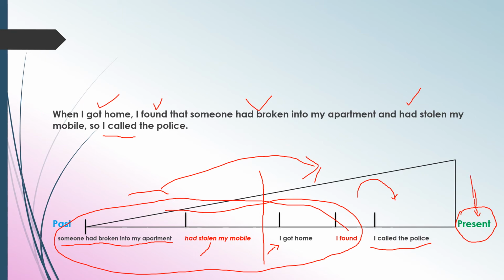So what you did last night, or maybe last day, when you found that. We are talking about actions which happened comparatively earlier, and those earlier actions are referred to as the past perfect form.